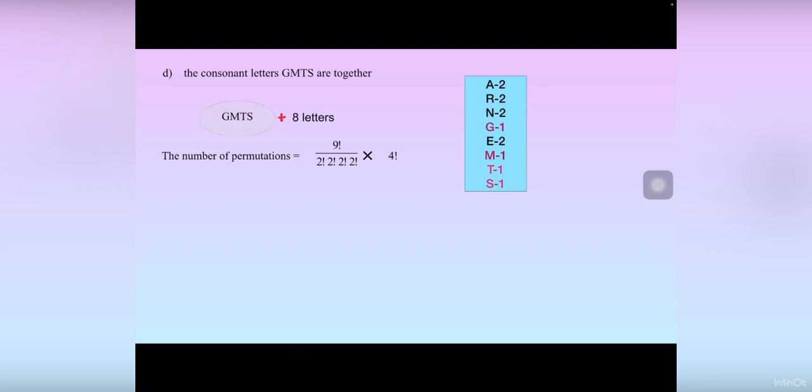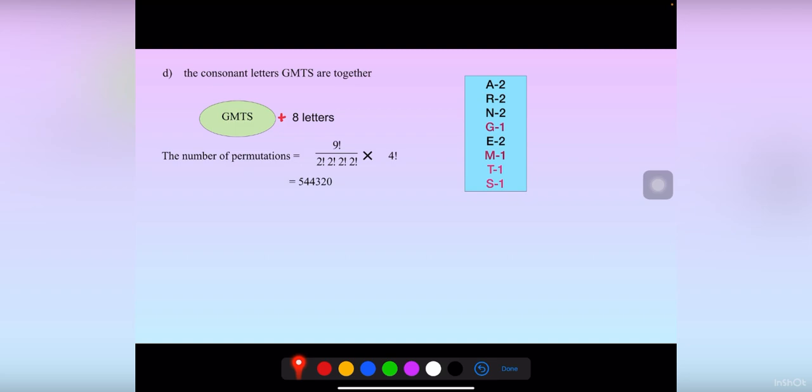This 4 factorial comes from GMTS, because they are distinct, so we still have to arrange them. And the number of ways is 544,320 ways.